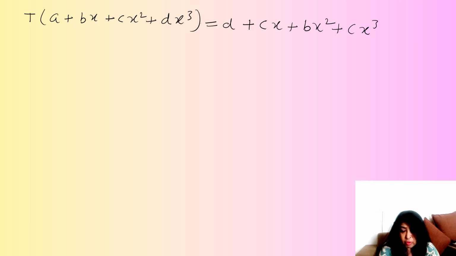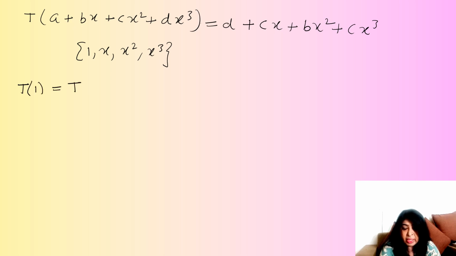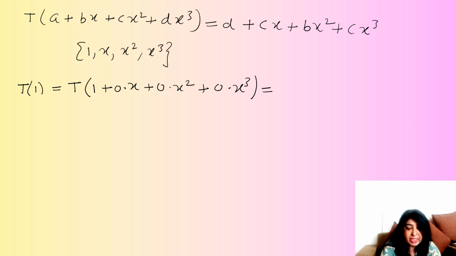Now the ordered basis is 1, x, x square and x cube. So first of all we will find T of 1, which is T of 1 plus 0 into x, 0 into x square, 0 into x cube. We have to find the matrix associated with this transformation.